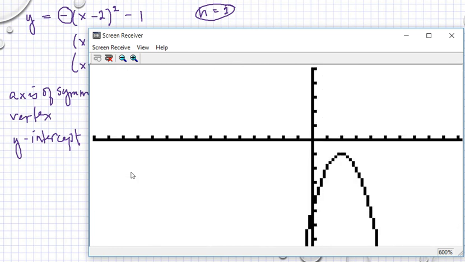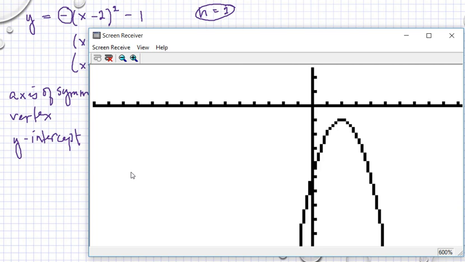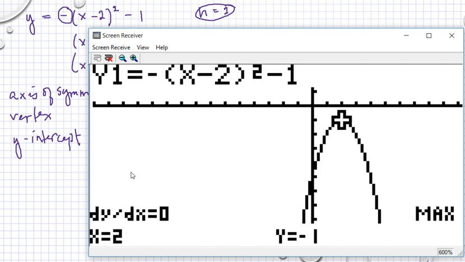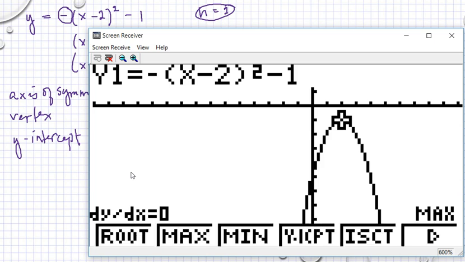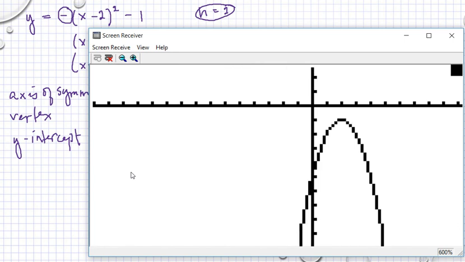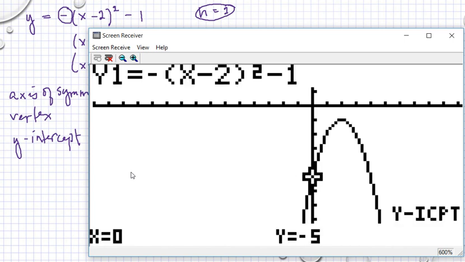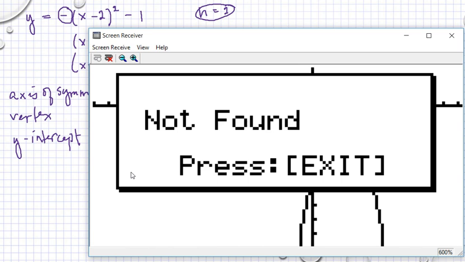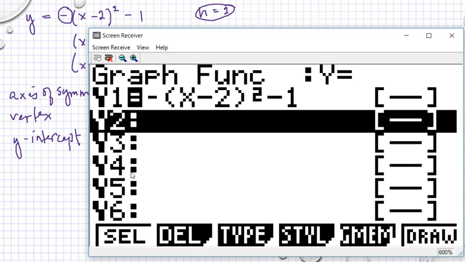As you can see, the maximum point will be 2 and -1. And then our y-intercept will be -5. But if we solve for the root, it will say not found, because you don't have any. Then we have what we call no real solution in the quadratic equation.